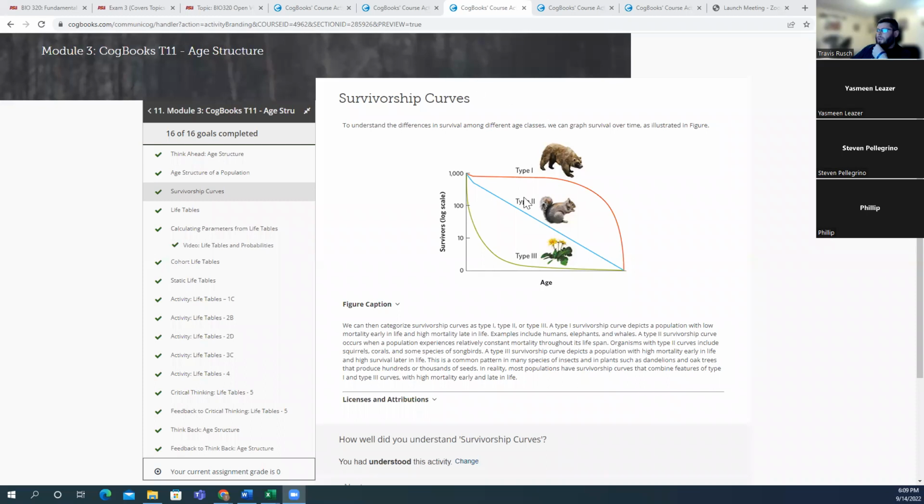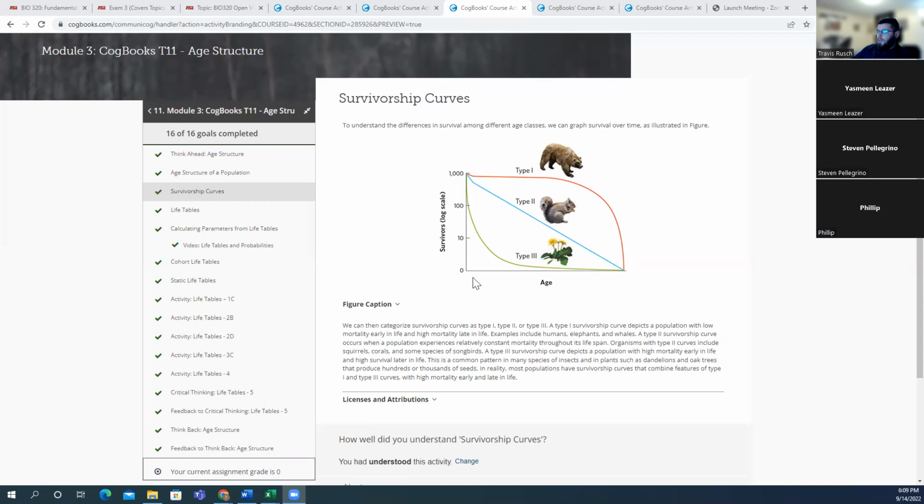All right, so this is the visual representation of the survivorship curve, right? The difference is going to be the steepness of the curve and where the steepness occurs. We have age on the x-axis, young on the left, older on the right, and survivorship on the y-axis. The higher up it is, the higher the survivorship.